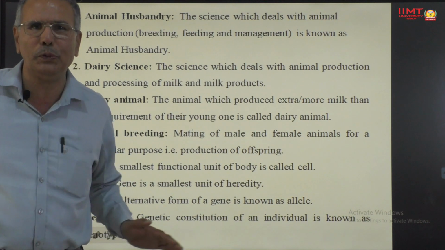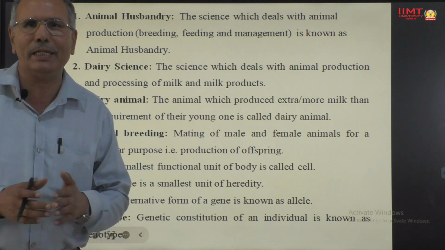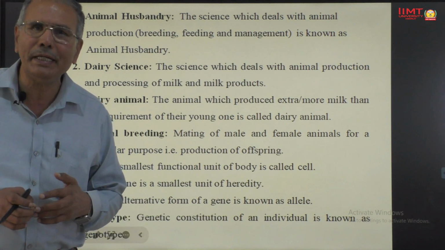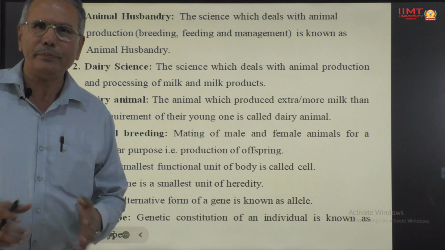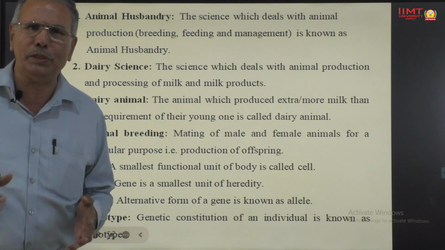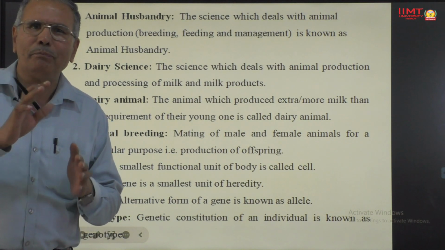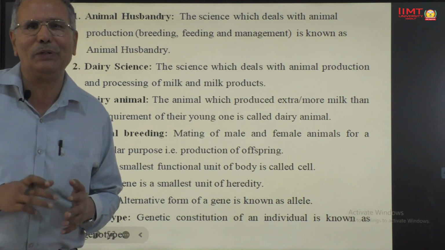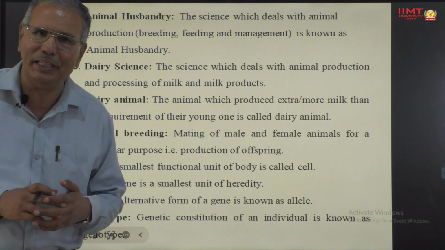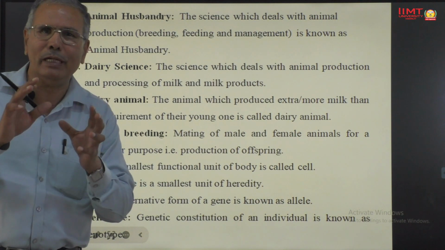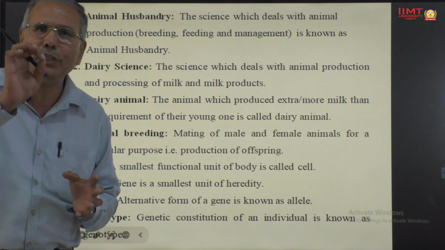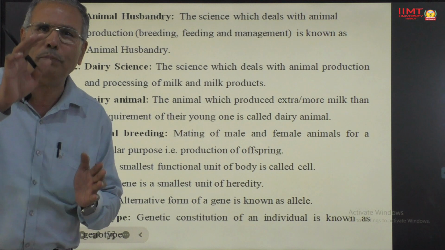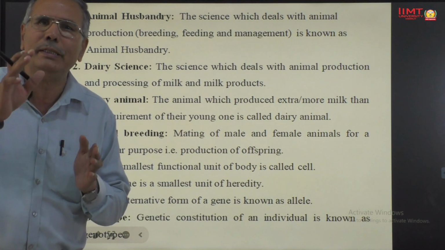They don't produce extra milk than the requirement of their offspring or their progeny. Hence, pig and bitch are not considered as dairy animal. So, dairy animals are those animals which produced more milk than the requirement of their young one.